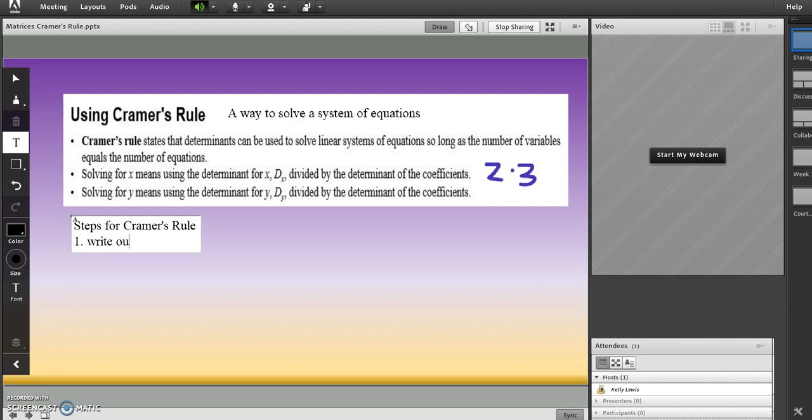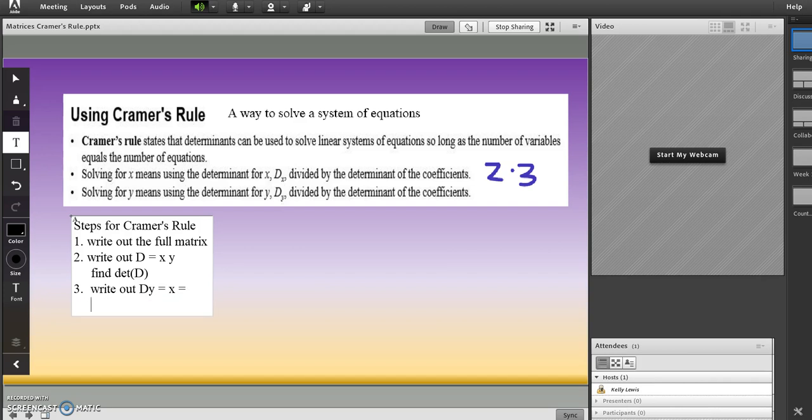All right, so first we need to write out the full matrix. Then we need to write out D, which is the x and y columns, and we'll find the determinant of D. Then we'll write out Dy, which is x and then the equal column.